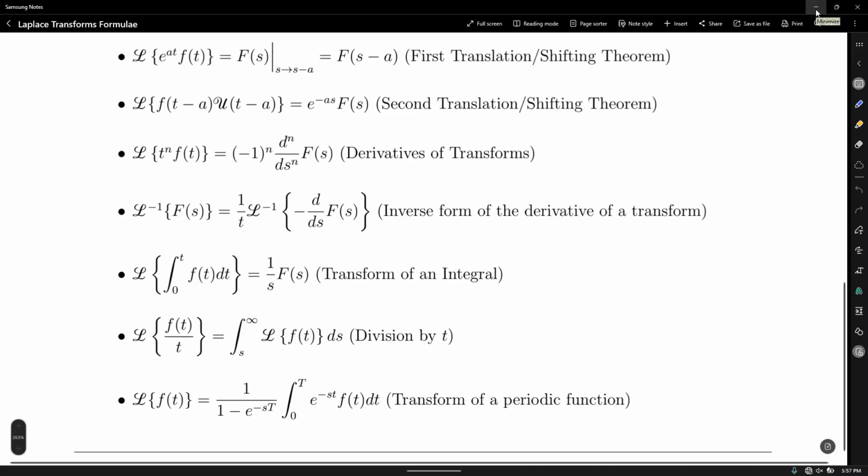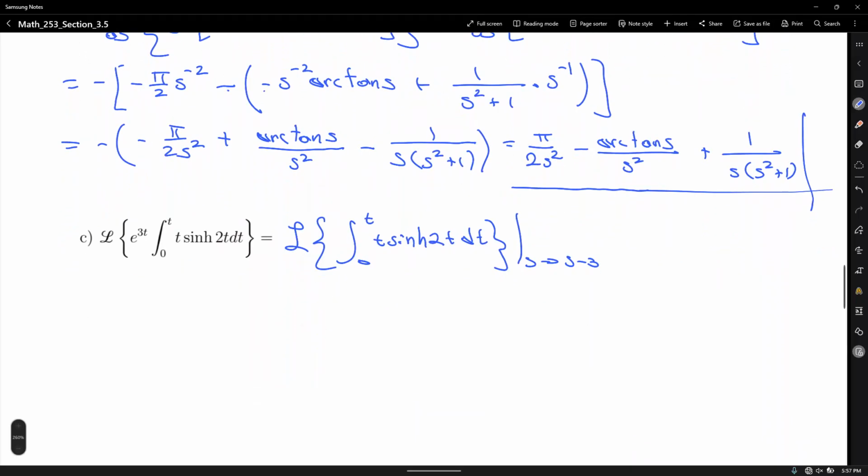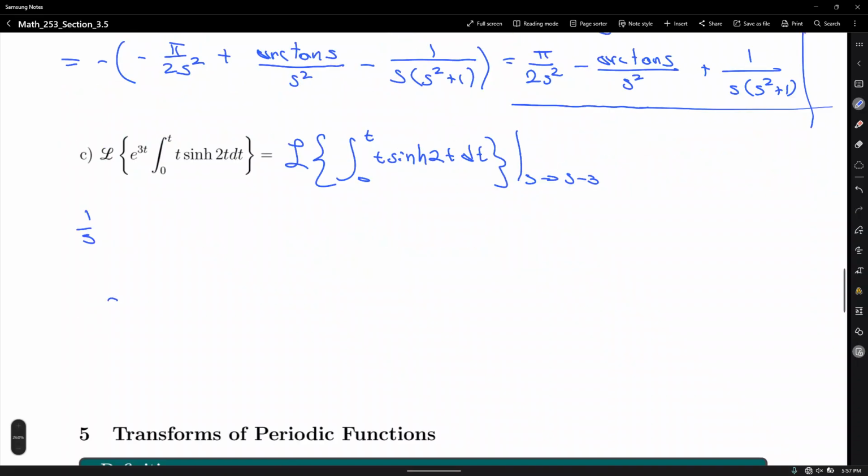So, this will be 1 over s, okay? Laplace transform of t sinh 2t. All right, no more integrals, but a 1 over s. But don't forget that we are still translating this or shifting to s minus 3.